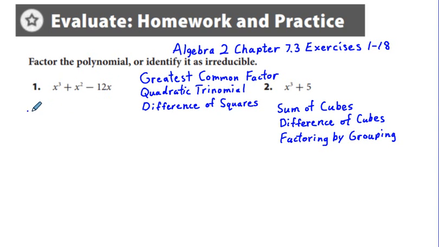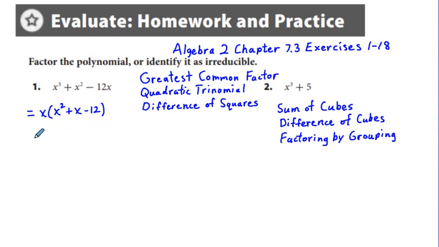So I'm going to rewrite this polynomial as x times quantity: what times x equals x cubed, that's x squared, and what times x equals x squared, that's plus x, and finally minus 12.